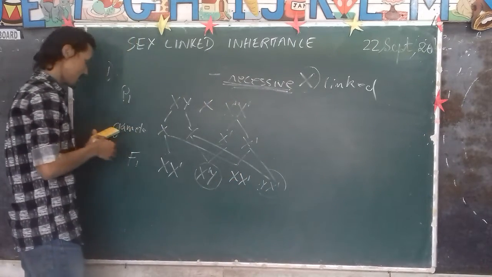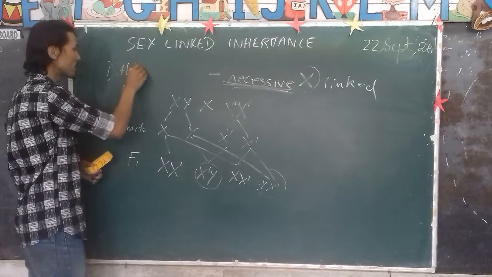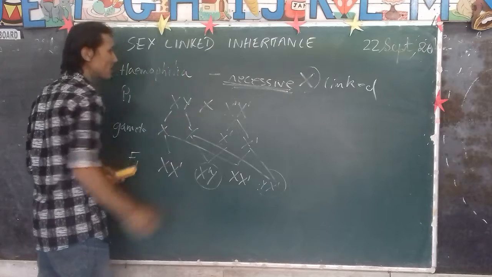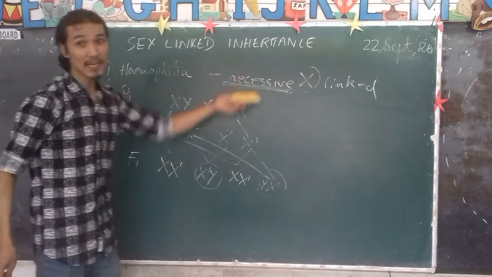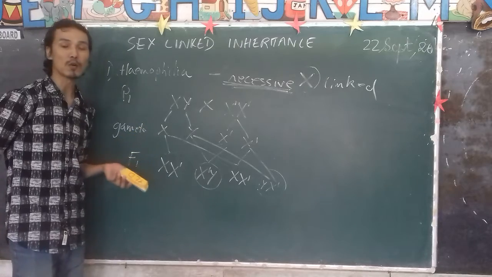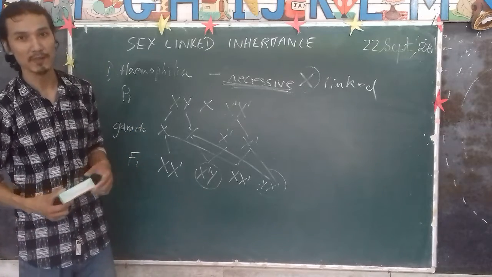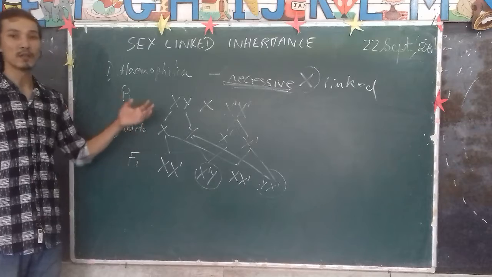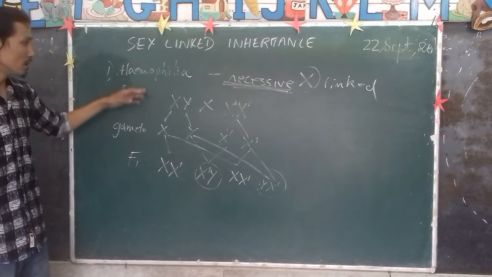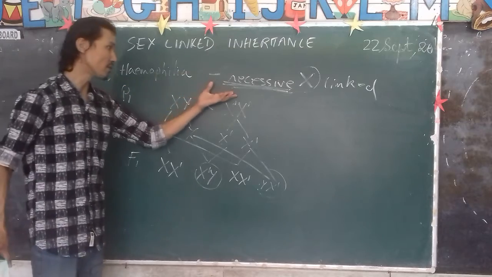Another sex-linked inheritance is hemophilia. Hemophilia is also a recessive X-linked character. Hemophilia is a condition in which a clotting factor is missing. That means even if you have a small cut, the individual bleeds continuously and it might even lead to death. So again, hemophilia is a recessive character.